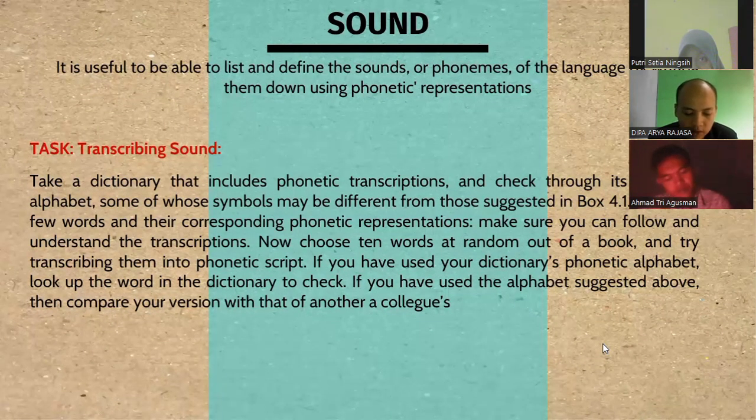Make sure you can follow and understand the transcription. Now choose 10 words at random out of a book and try transcribing them into phonetic script. If you have used your dictionary's phonetic alphabet, look up the word in the dictionary to check. If you have used the alphabet suggested above, then compare your version with that of colleagues.